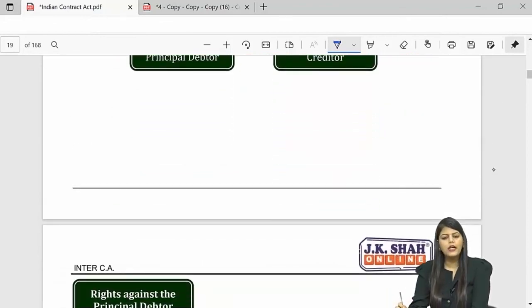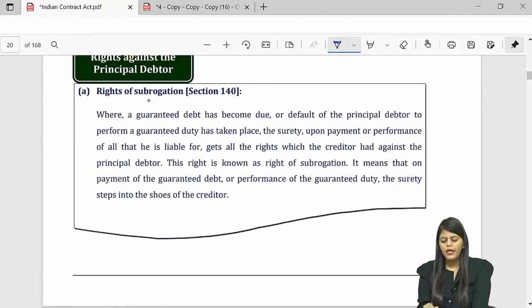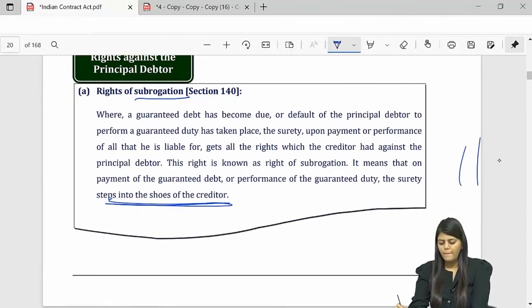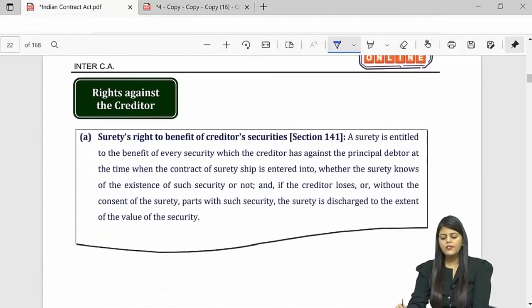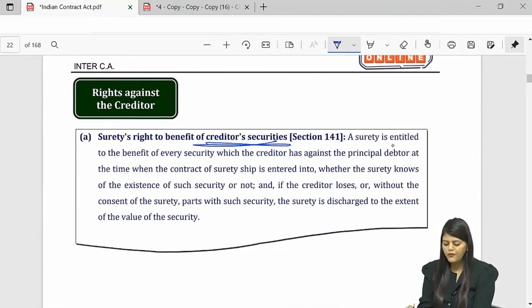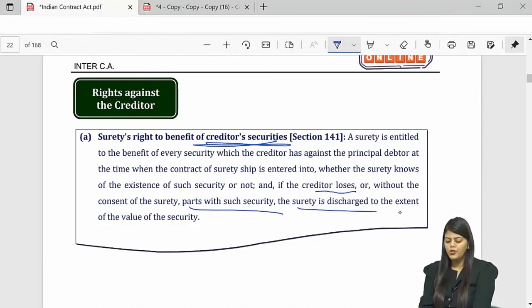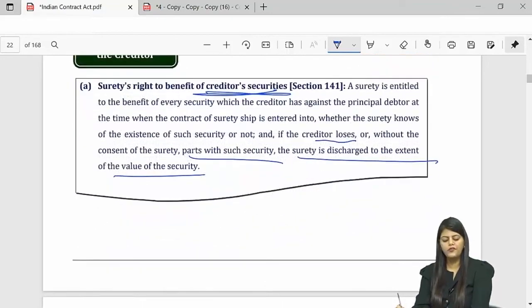Then we saw rights against PD, against creditor, right of subrogation, he steps into the shoes of creditor. Then principal debtor, again indemnity. Rights against the creditor: he can ask for the creditor's securities, as in securities which belong to the principal debtor. And if the creditor loses or parts with the security without the consent of the surety, surety is discharged to the extent of the value of the security.